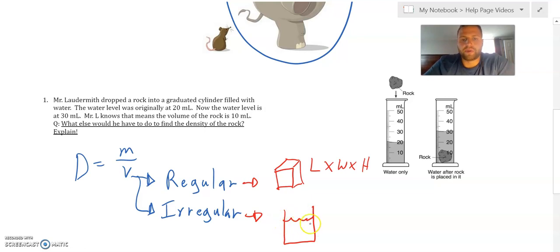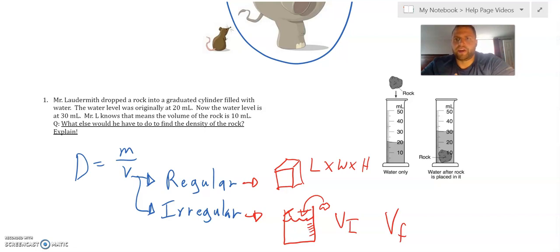The container has to be one with indicated volumes on the side. What we're going to do is record the volume initial, and after you put in your object, so let's say here's a little rock, we throw it in, this volume will actually come up, and we'll call that our volume final.